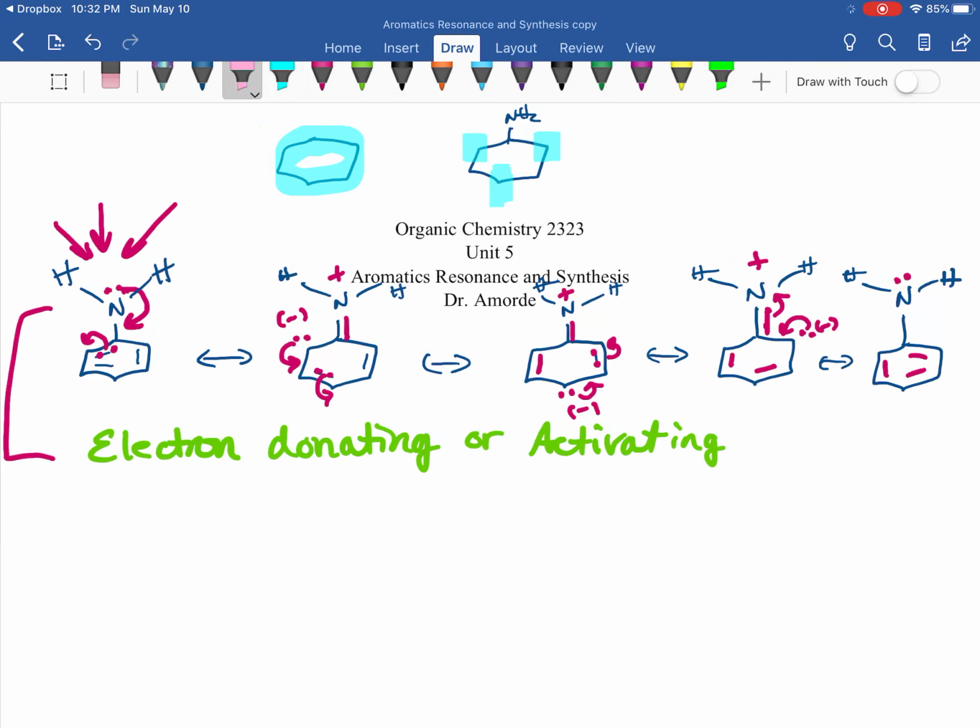In fact, we're going to have electron density where we drew those negatives, and we're going to almost be missing electron density in those other spots. So it's going to look totally different. So our aniline would actually be a really good nucleophile, but only on this carbon, and this carbon. That's where your negatives are.